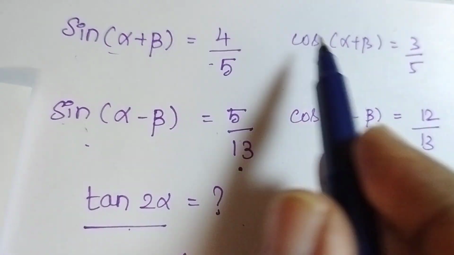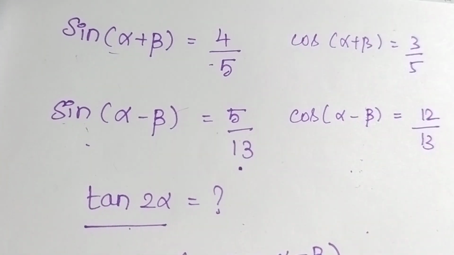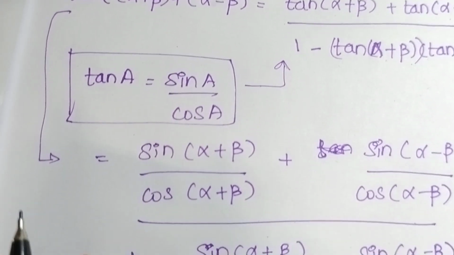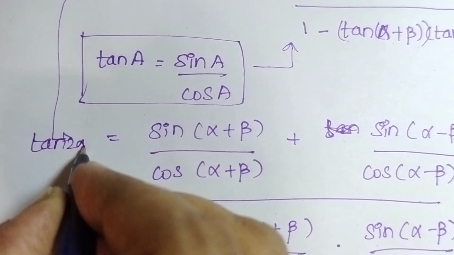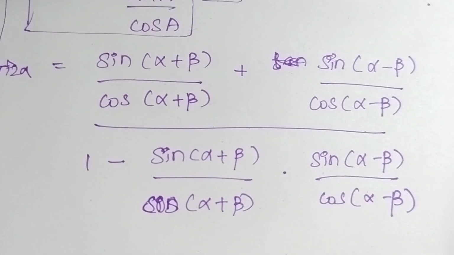So we are going to substitute these four values in the equation we found, that is equal to tan 2 alpha.